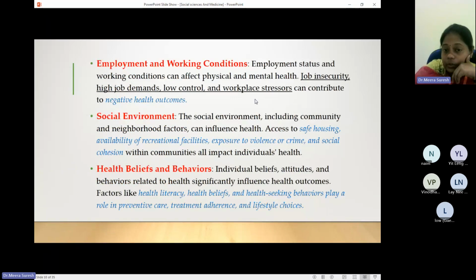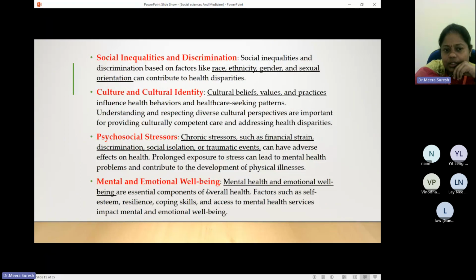Employment and working conditions add to the stress of the person, so job insecurity, high job demands, low control or workplace stress can also influence the health of the person. The social environment, then health beliefs and behaviors, just a repetition of all those things. You can read from here.